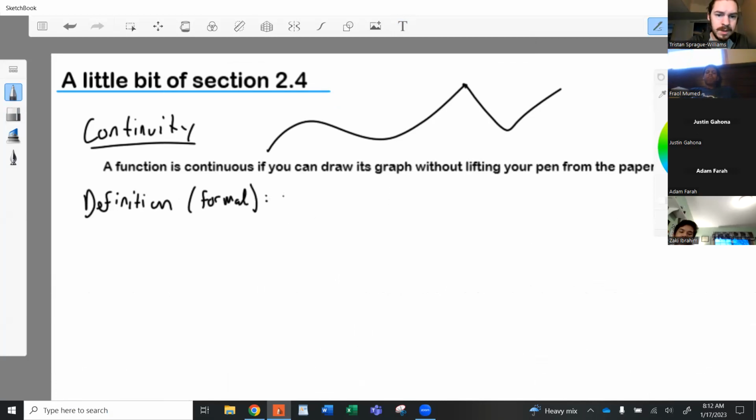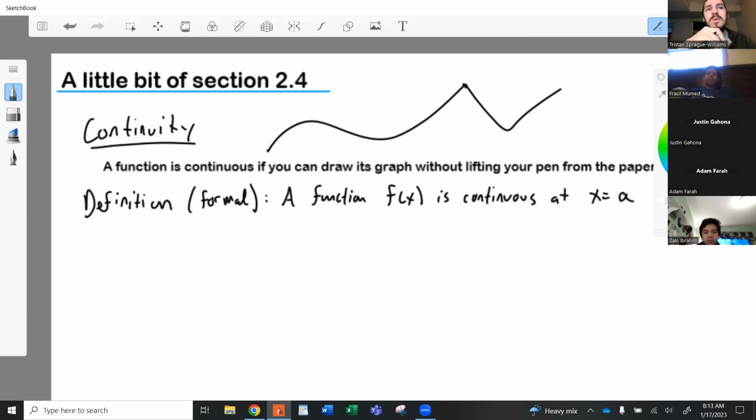And it's this. A function, which we'll call f of x, is continuous at some specific x value, which we'll call x equals a, if three things. One, f of a exists.